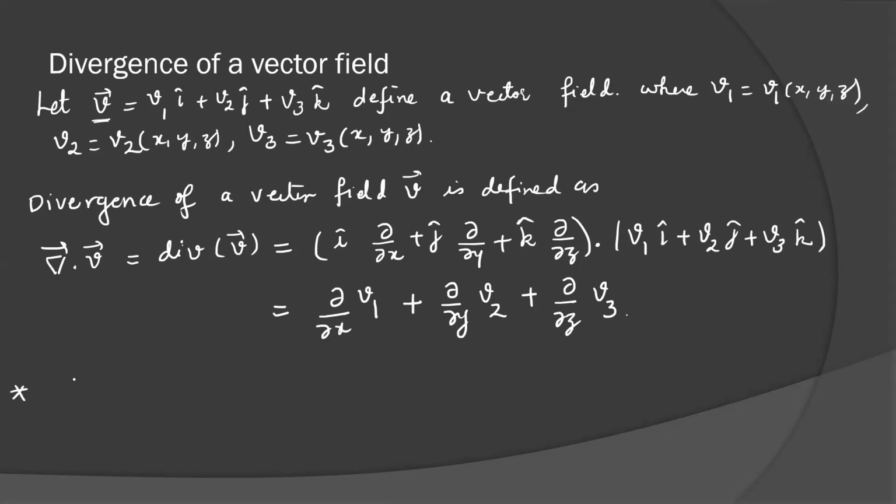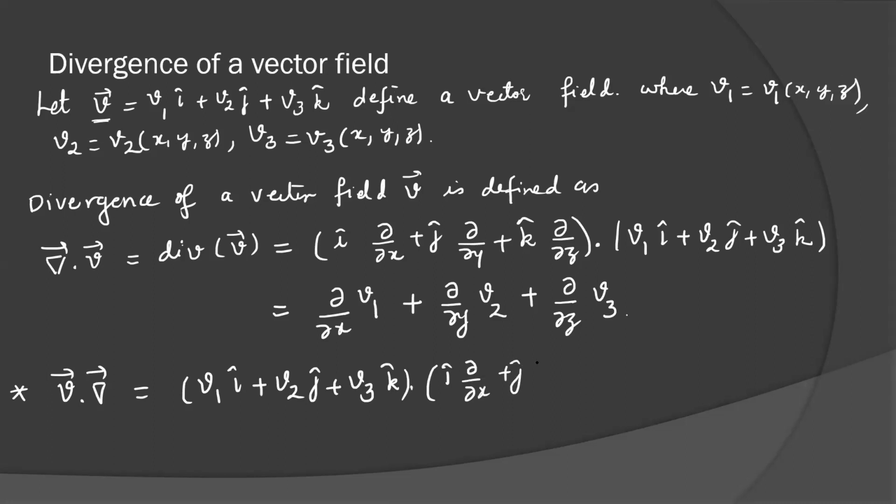One important point is that some people confuse V dot del. What is V dot del here? V dot del is v1 i plus v2 j plus v3 k dot i del over del x plus j del over del y plus k del over del z.